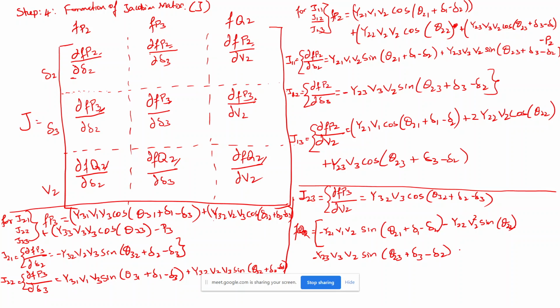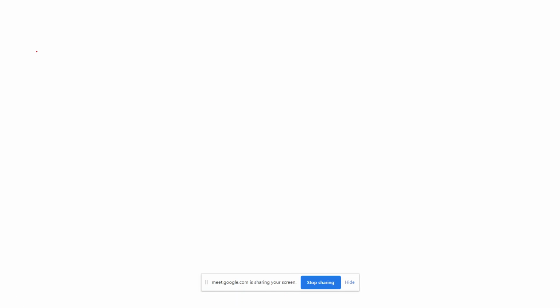This is the equation we need to derive with respect to del 2, for J31. The value of J31 is dou Q2 divided by dou del 2.